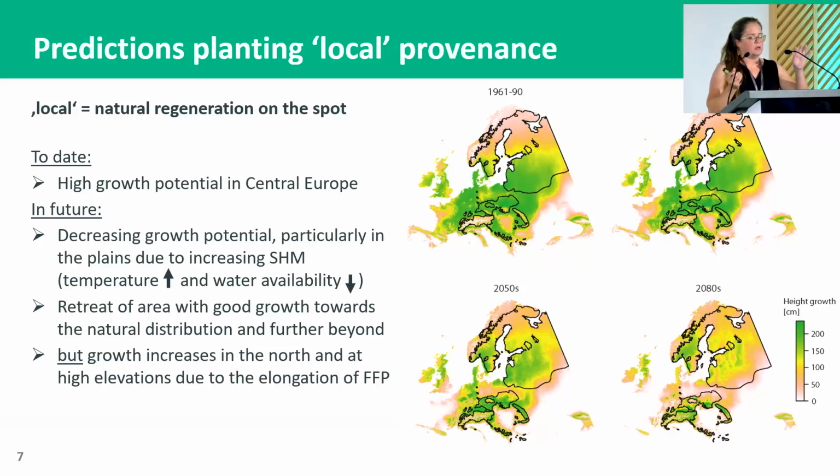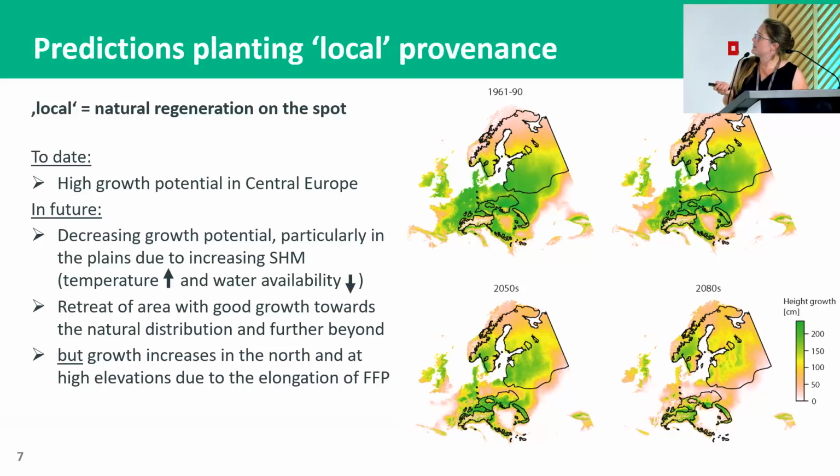And the main effect responsible for that is the summer heat moisture index, which means an increase in temperature and a decrease in water availability. So especially, for example, the North European plains, spruce will be completely unsuitable.